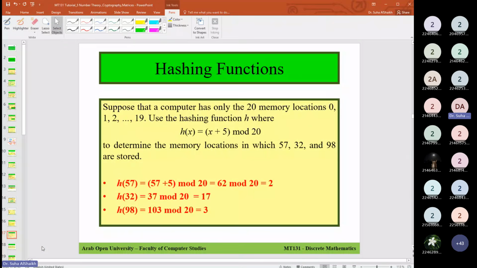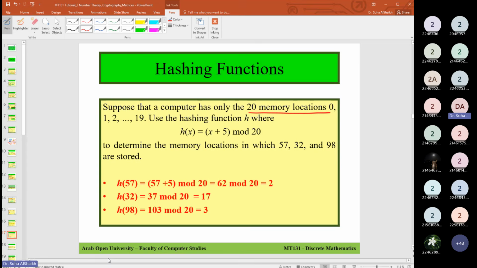Now, one example of the hashing function is storing memory locations, the storage memory locations in a computer. If you are assuming you have a computer and in this computer you have 20 memory locations, just like there we have 26 letters, and the hashing function is talking about memory locations. How many of them do I have? I have 20 of them.